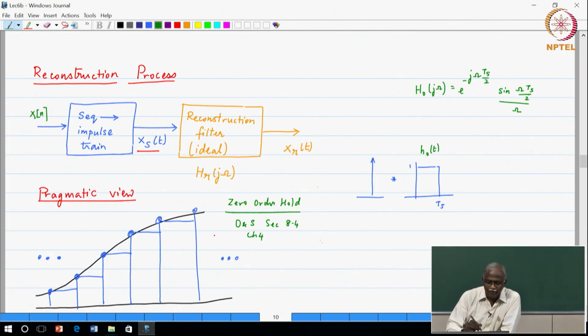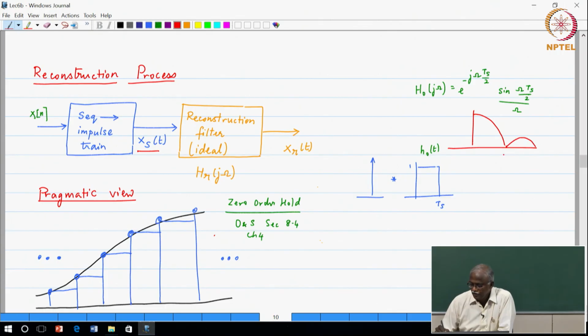Now, why are we interested in this? Because we want to see the spectral characteristics. The spectral characteristics are of course a sinc function, with zero crossings at 2 pi by Ts, 4 pi by Ts. But the important question is, what portion of the spectrum am I eventually interested in through the process of reconstruction?